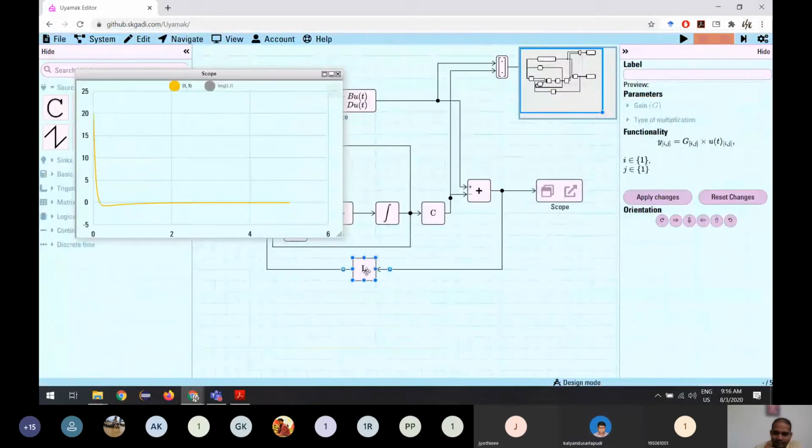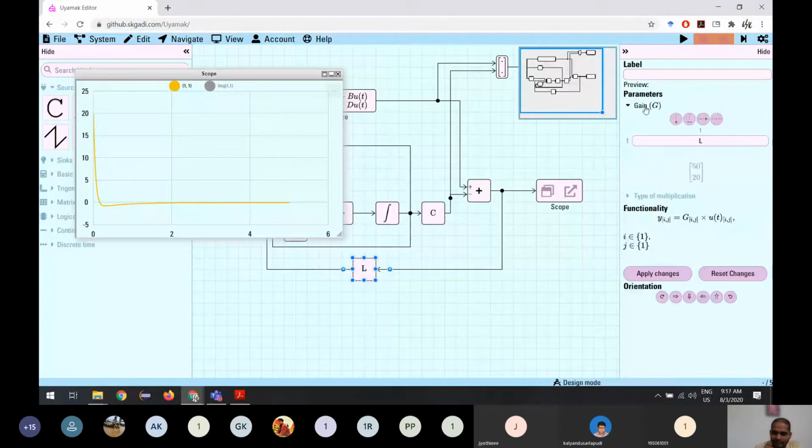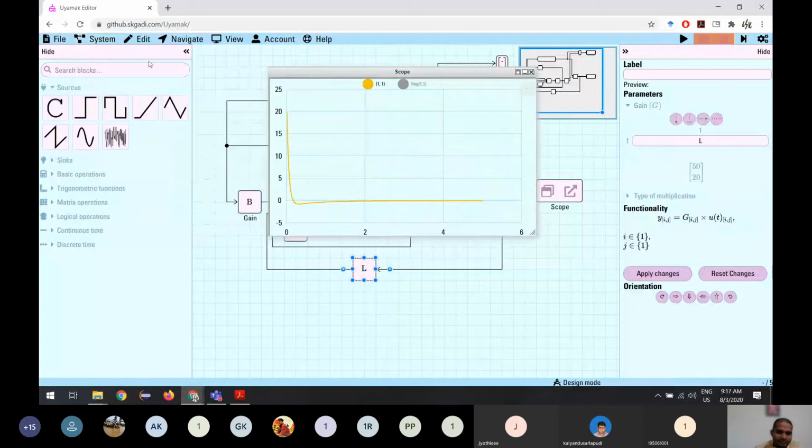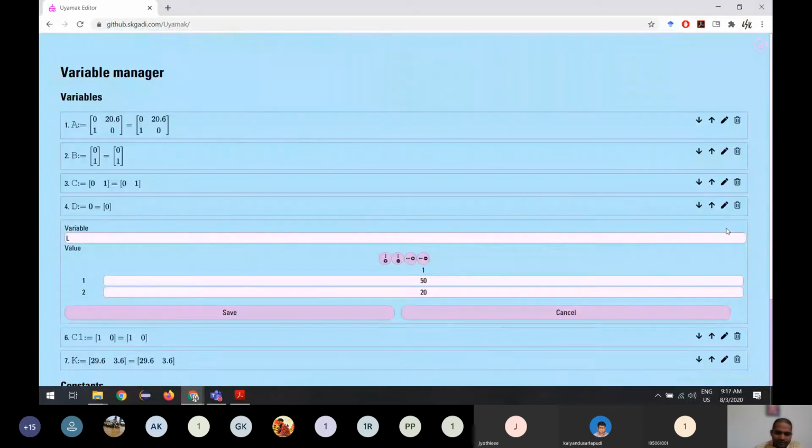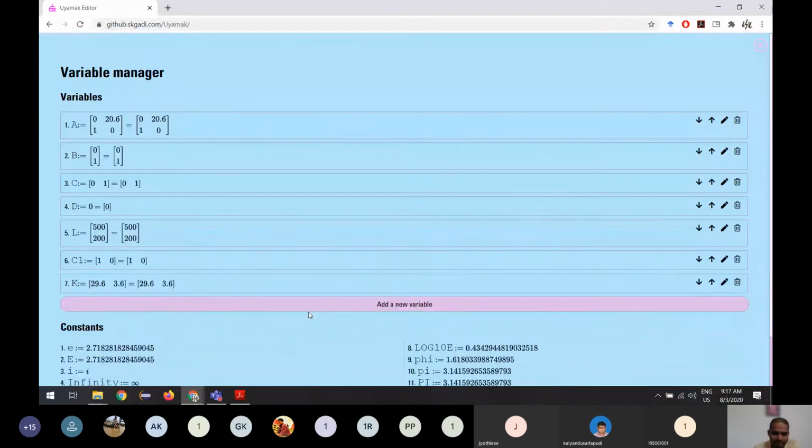So let us try to change the values of L and see what happens. The L we have is 50 and 20. Let us have some other values. Let us say 500, 200, and let us see what happens.